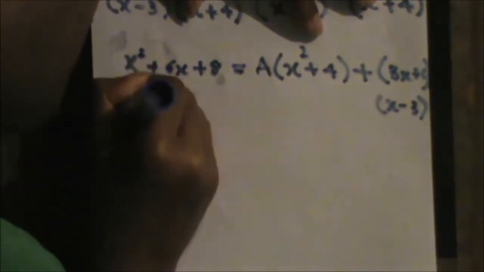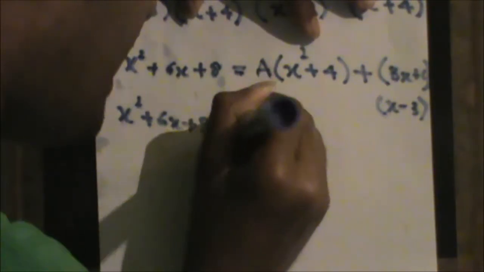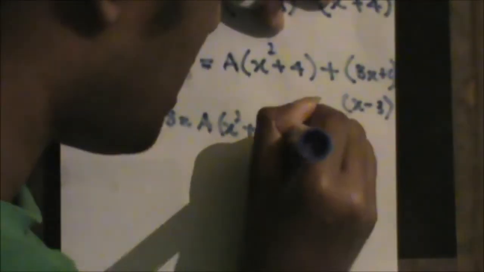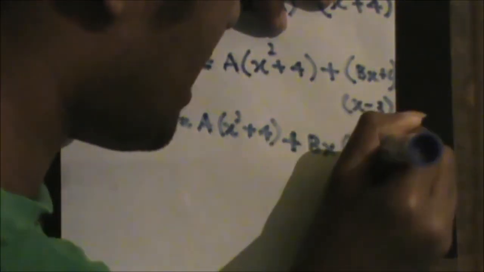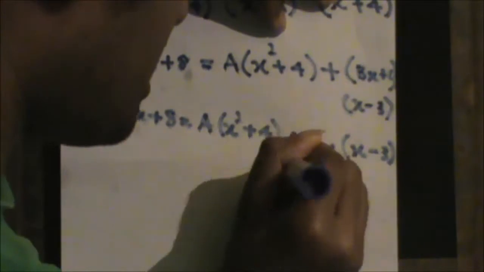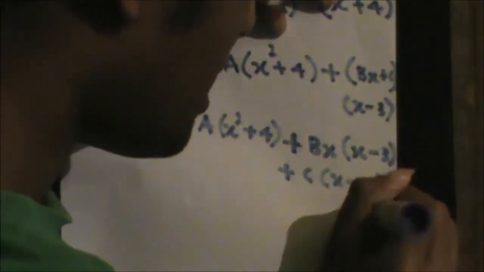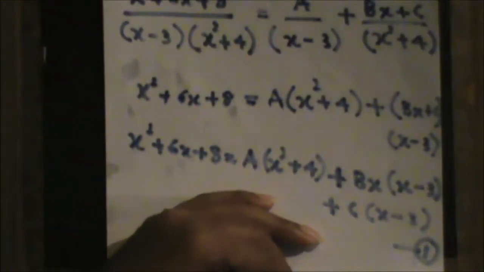So I can say x squared plus 6x plus 8 is now equal to a times x squared plus 4, plus bx times x minus 3, plus c times x minus 3. So I'll take this to be equation 1. Now you have to find the values of a, b and c here.